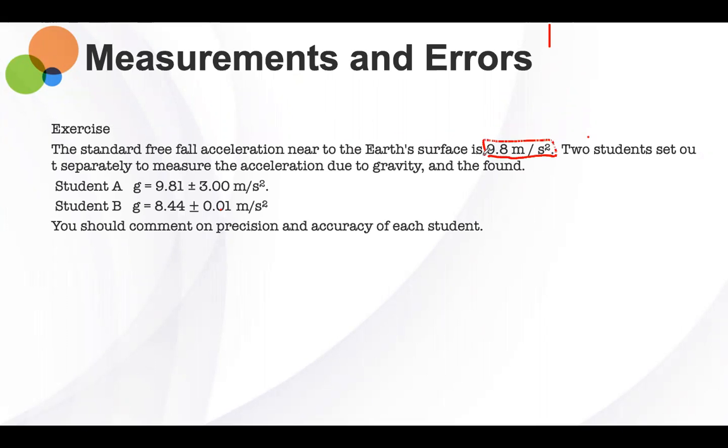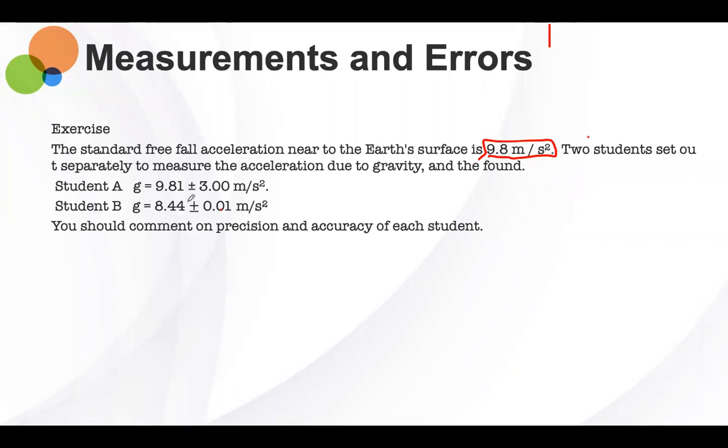This is a proven fact. That is 9.8. And student A got 9.81. So it has to be more accurate than 8.44. We all agree? Yes, sir. You all agree 9.81 is much closer than 8.44.